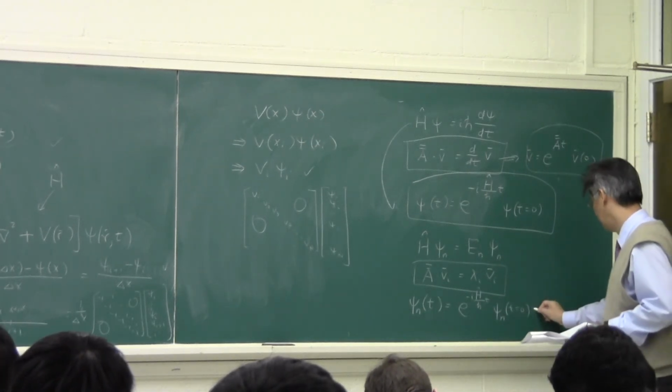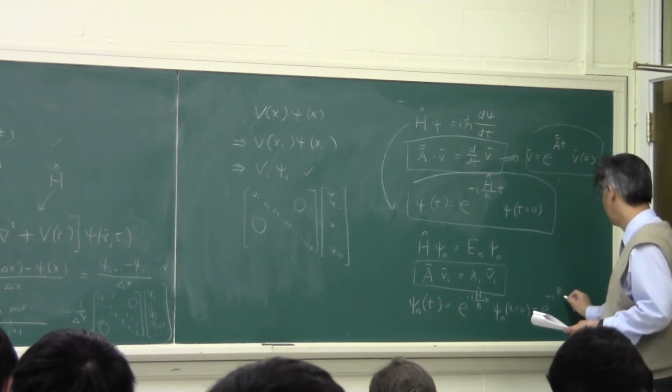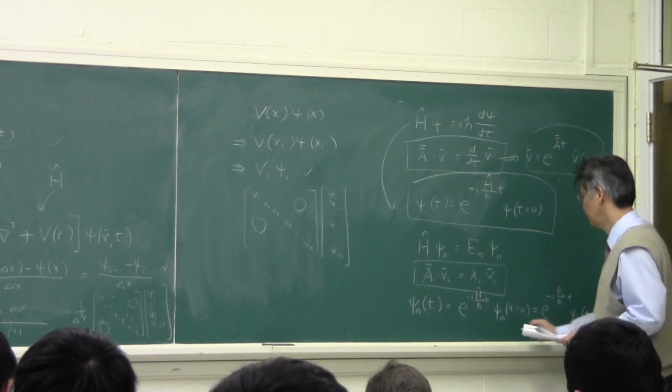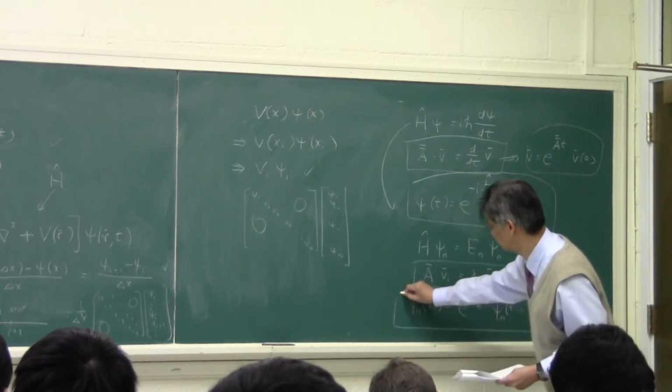So similarly here, you can prove that this is equal to just e to the minus i E n over h bar t psi n at t equal to 0. So this is something that you can do in Hilbert space.